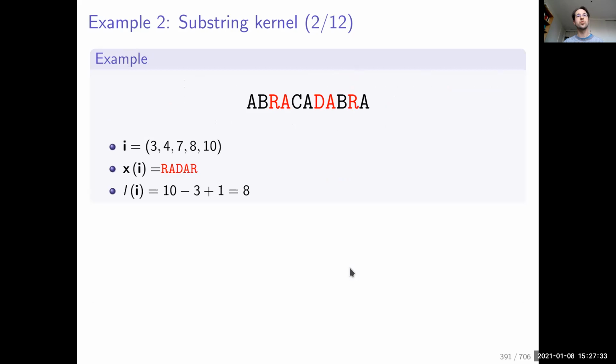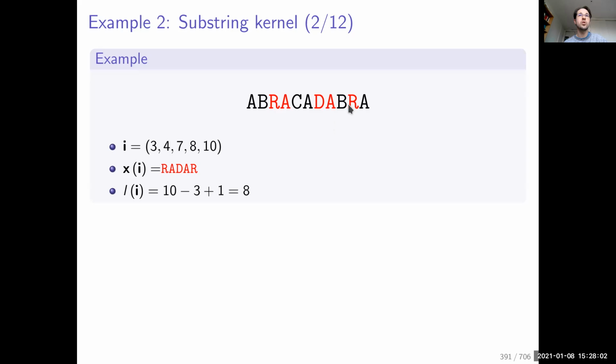Let us give an example to fix all of this, because I admit it can be a bit confusing at this point. If you consider the sequence abracadabra, and I consider these indices 3, 4, 7, 8, 10, then the substring is radar. Indeed, 3, 4 are RA, 7, 8 DA, 10 R. And what is the length of this substring? It's not 5, it is 8.